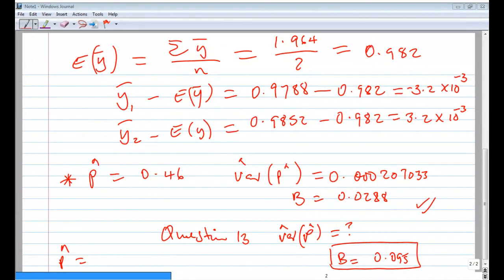So if you are done with question 13, just go to the last one, question number 14. For question number 14, I do have answers here.